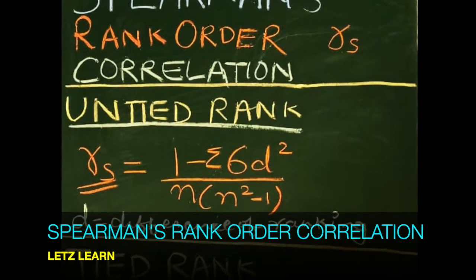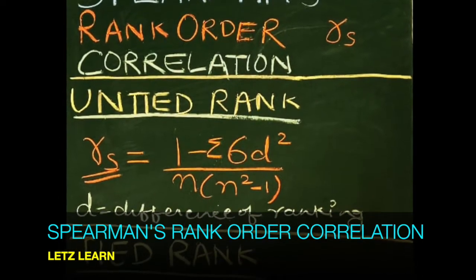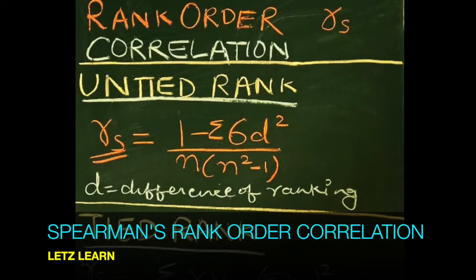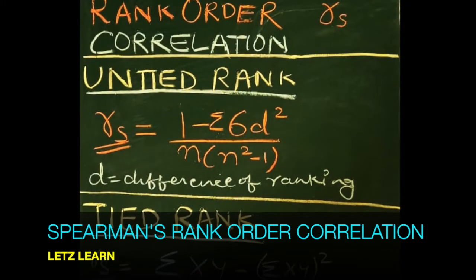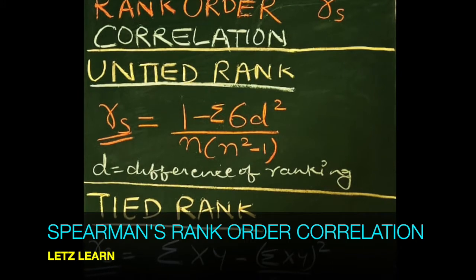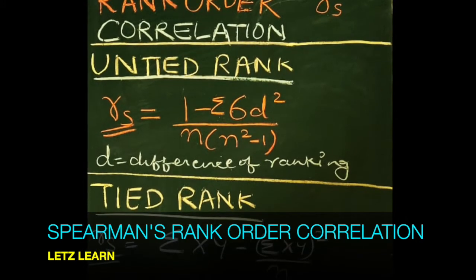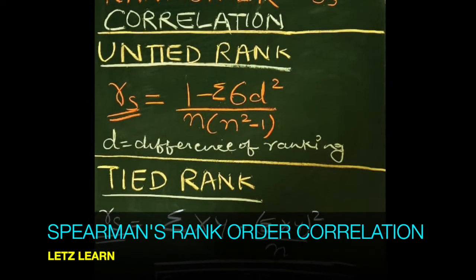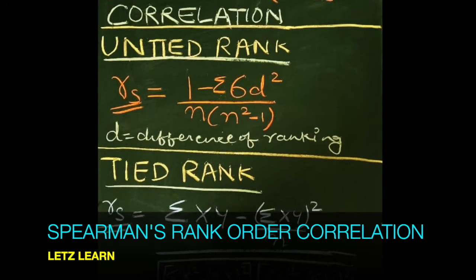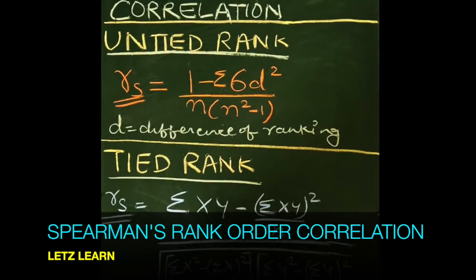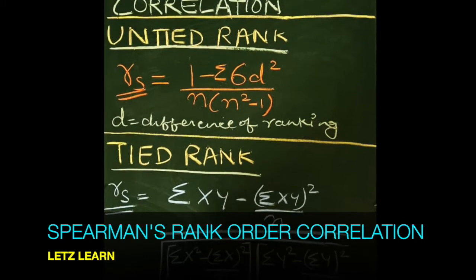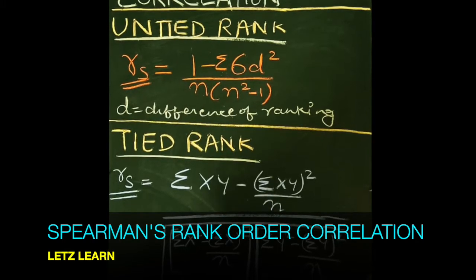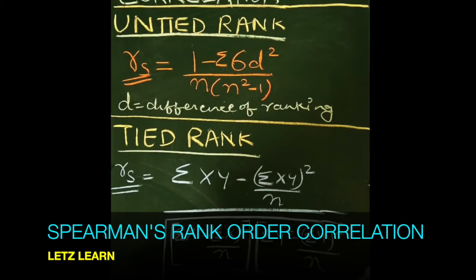The formula for the tied ranking is a little more detailed. Rs is equal to the sum of x times y minus the sum of x multiplied by the sum of y divided by n, and this whole thing is divided by the square root of the sum of x square minus the sum of x whole square divided by n, multiplied by the same expression for the other variable, y.